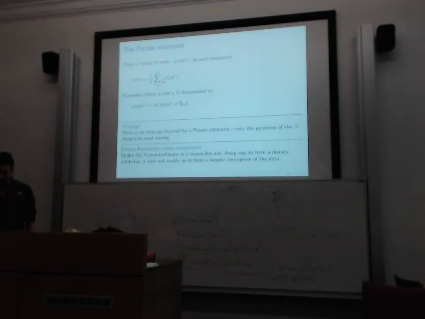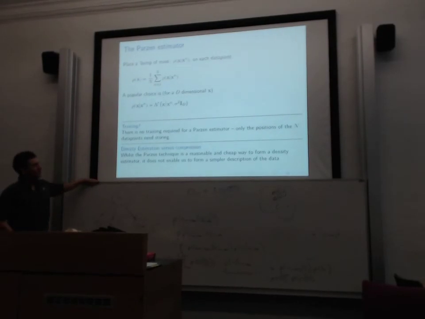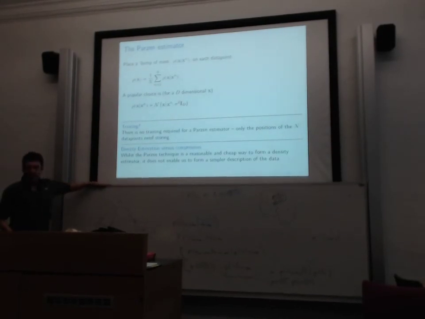Okay. Just a couple of other things to say. The Parzen estimator is also a kind of mixture model. What this does is it puts a bump of mass at each point. It's very simple. It says, I've got this collection of data points, x_n.